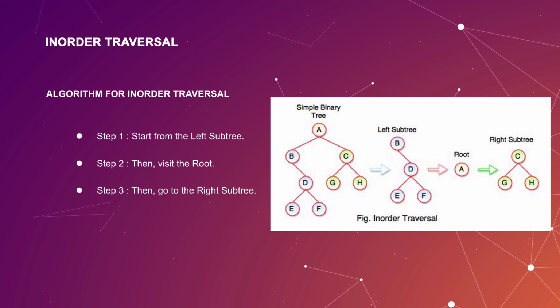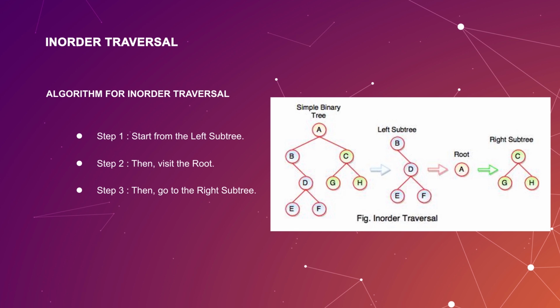Here E is a leaf node, so we write E. Then we shift our pointer to the parent node, D. Now we write D and shift our pointer to F. Again we cross check whether F is a leaf node or not. F is a leaf node, so we write F. So the sequence of the left subtree is B, E, D, F.